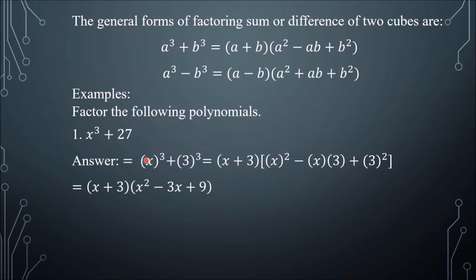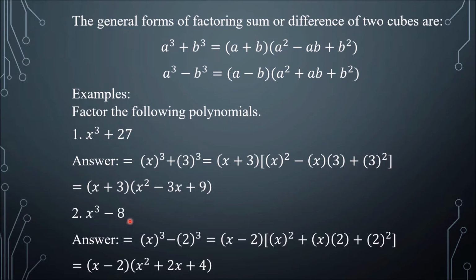So a here is x and b is 3. So a plus b is x plus 3. Now a squared is x squared, minus ab, minus x times 3, and then b squared is 3 squared. Simplifying that, we have x plus 3 times x squared minus 3x plus 9. That's it.